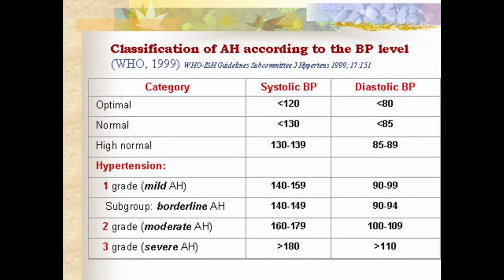Arterial hypertension was divided also into 3 grades. The first grade with systolic blood pressure 140 up to 159 millimeters of mercury. In the past, it was named mild arterial hypertension. Nowadays, this term is not so popular. You should know why. And diastolic blood pressure is from 90 up to 99.